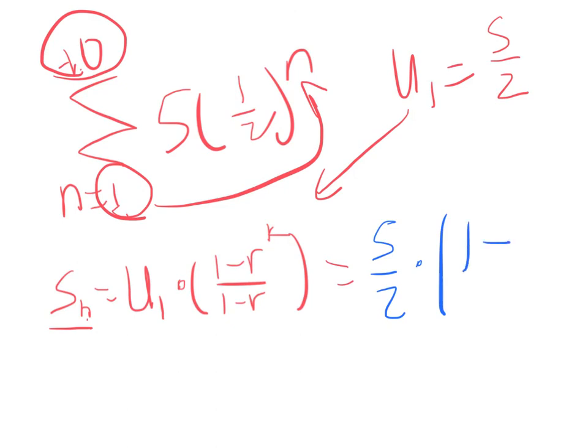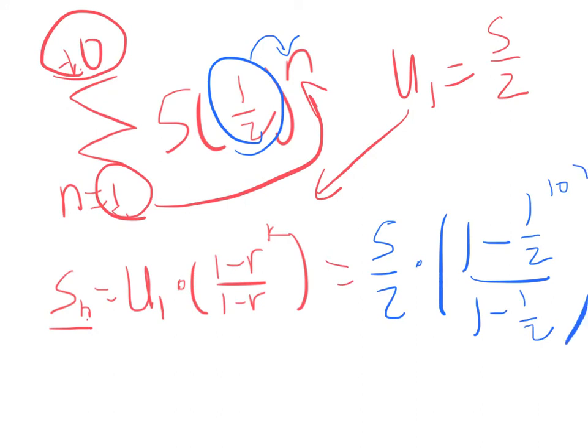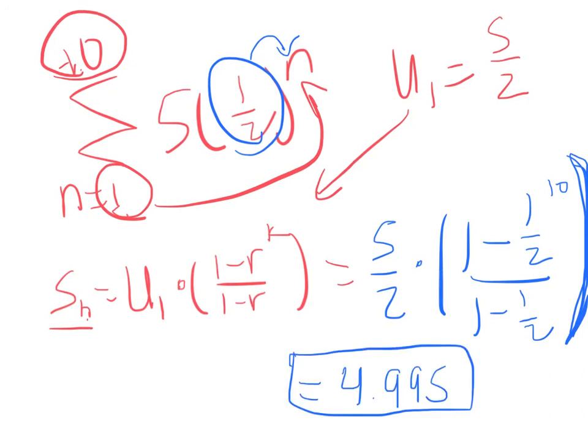Oh, by the way, the number that is raised to the exponent is always your rate. So our rate here is 1/2 to the k. That's our 10. All over 1 minus 1/2. Boom. I got it. Type it in your calculator. After I typed it in, again, I tried to hit that FD, get me a good fraction. It wouldn't do it. So I'm left with 4.995.